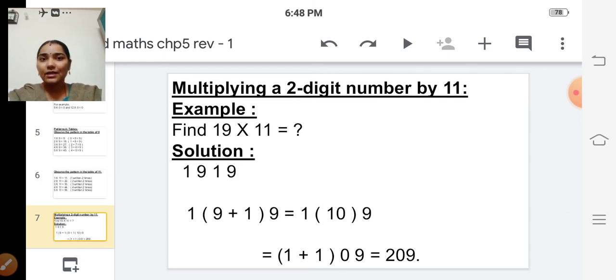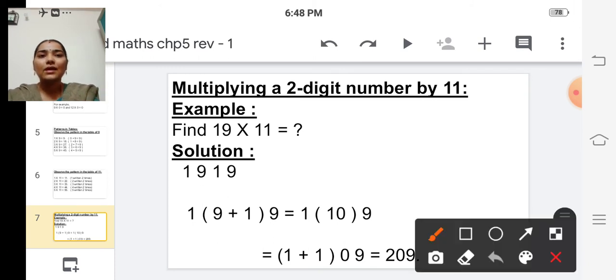Without multiplying, we are going to use one shortcut method to find the product. Okay. So for that you have to write the number 2 times. Okay. See the solution. Here 19 is written 2 times.